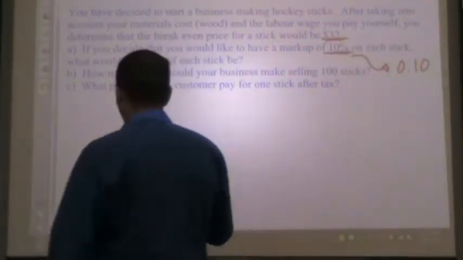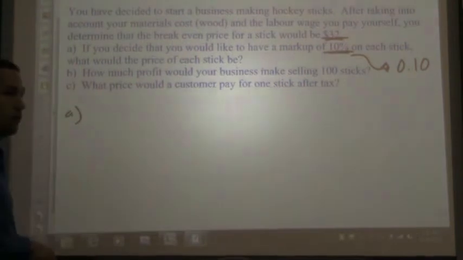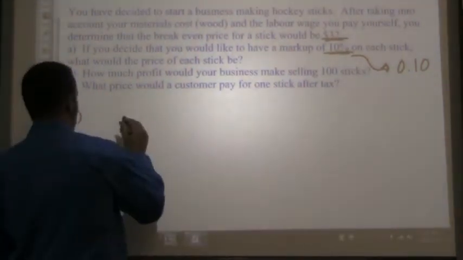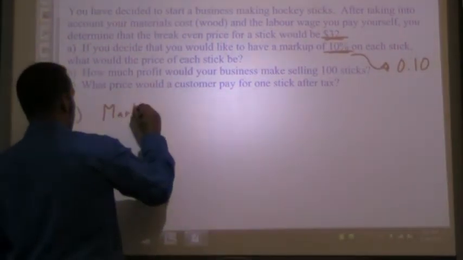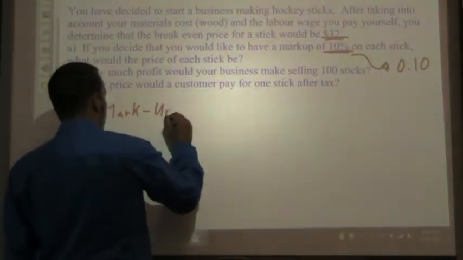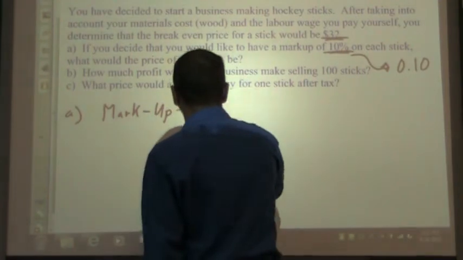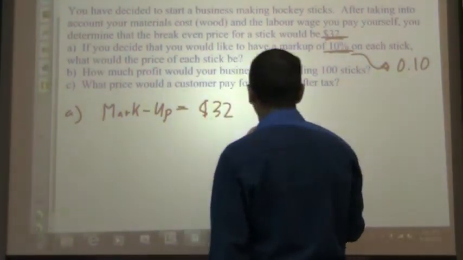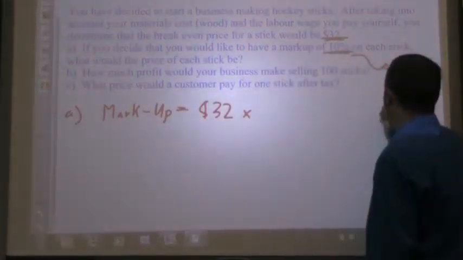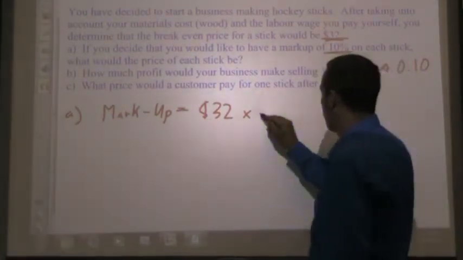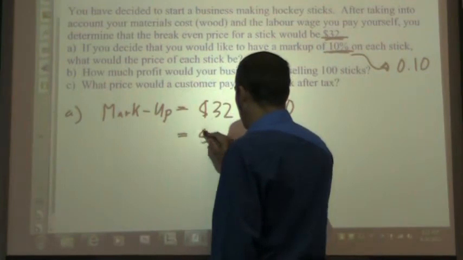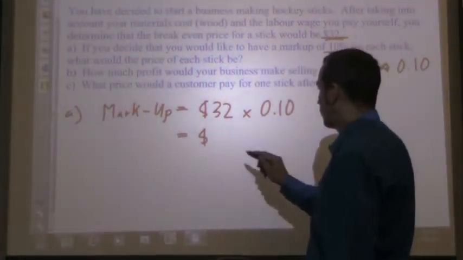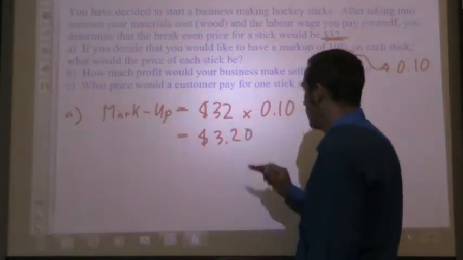So let's figure out what 10% of $32 is. So to get the amount of my markup, I take my cost, which is $32, and multiply that by my percent as a decimal. When you do that, you get that the markup is going to be $3.20.